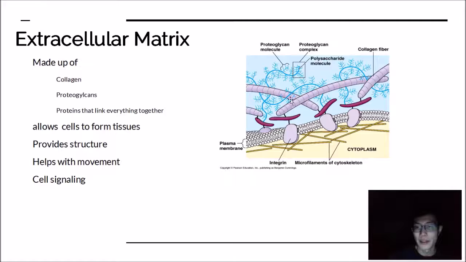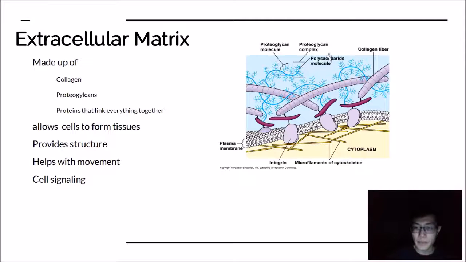We have this particular protein that's embedded in the membrane, and you have these things that jut out. So you have collagen fibers that are attached and jut out. You have these proteoglycan complexes, and a proteoglycan is basically sugar and protein. It's actually mostly sugar and less protein, but you have these chains that jut out into the outside of the cell.